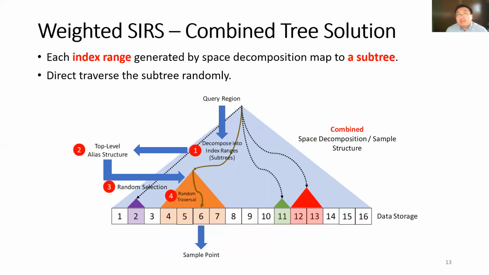To further optimize it, we observed that each of the index ranges generated by the space decomposition actually maps to a corresponding subtree inside the spatial index as well. So rather than having another tree to support the 1D RS problem, we just decompose everything into a bunch of subtrees, and then pick one of the subtrees and randomly traverse down there. So you combine the dyadic tree and the space decomposition tree into one tree. That's the reason why we call this method a combined tree solution.